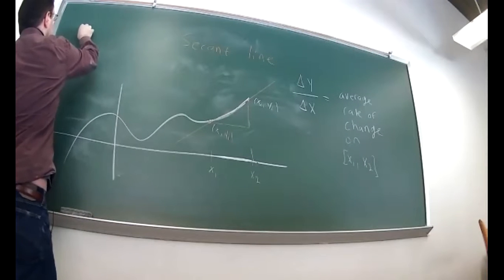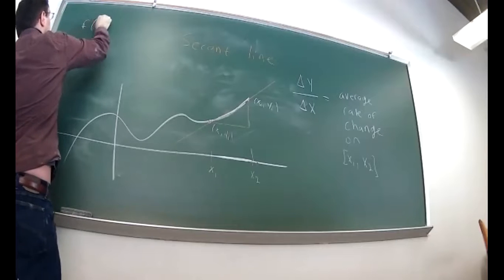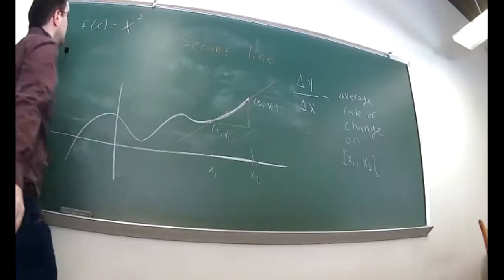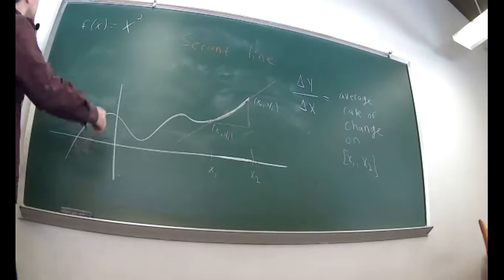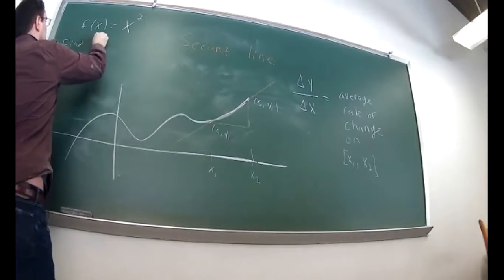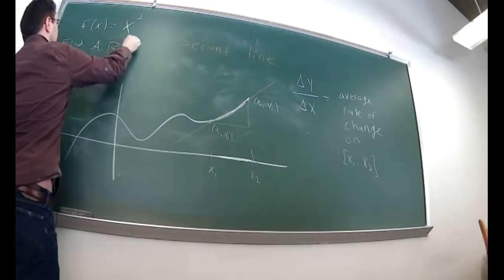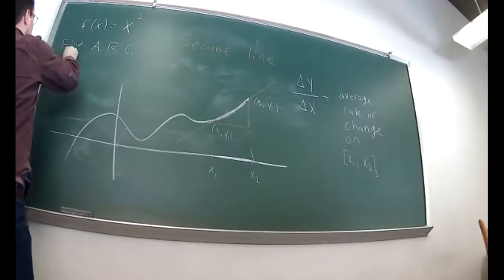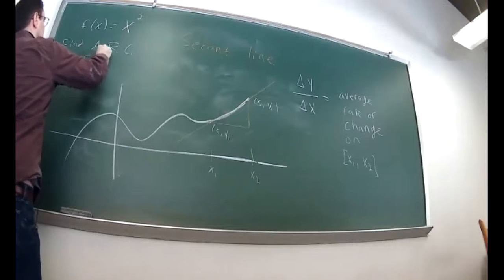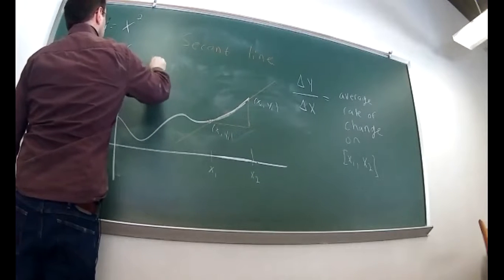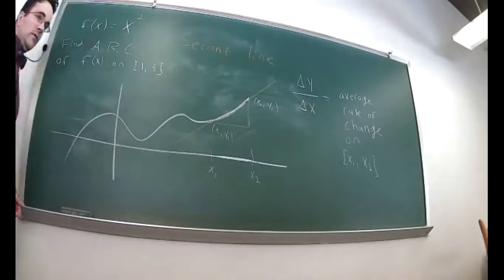Let's pick f of x equals x squared, and let's find the average rate of change of f of x on the interval from 1 to 3.